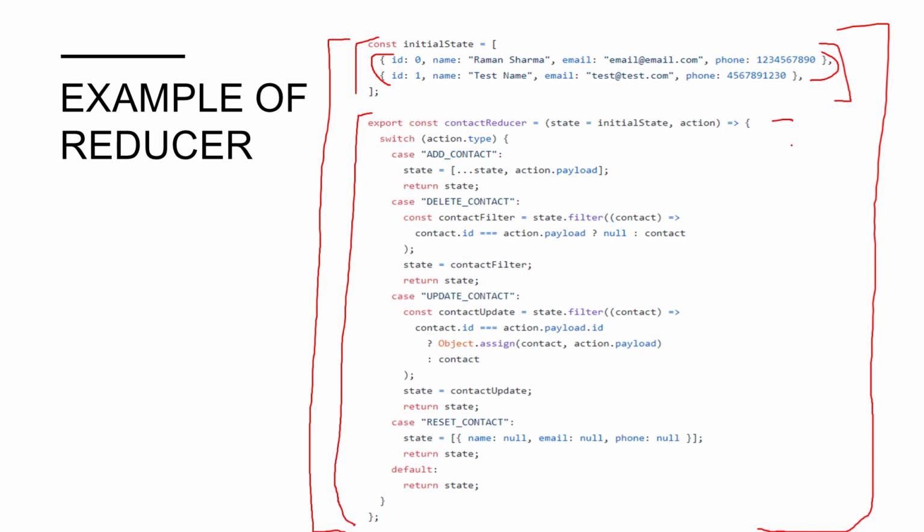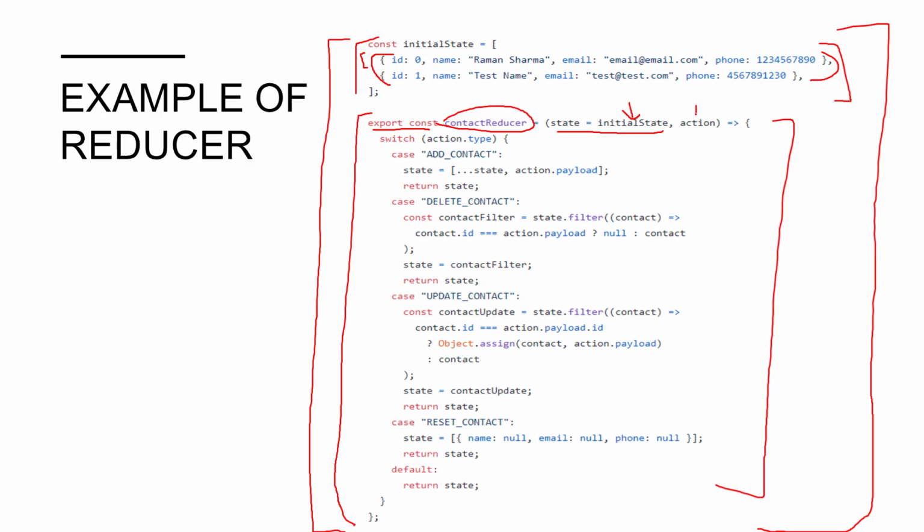It is a pure function, and this is the reducer name, and I am exporting this so I can use it in our create store function. This is state, and here our state is applied to our initial state. So this initial state will act like the first state as well as our previous state.